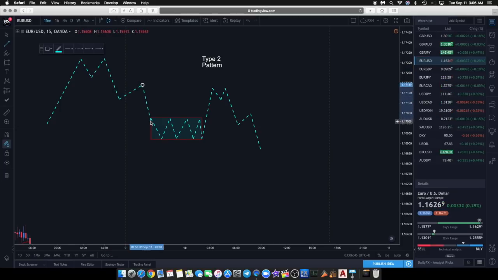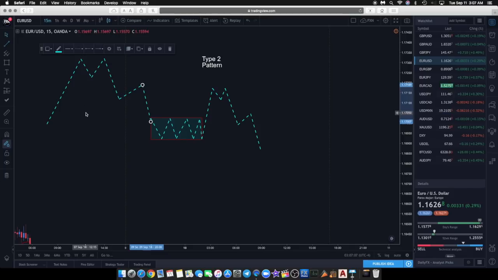And then we had, boom, level 2, right? So we're at level 2, and of course we're going to have a stop hunt high, and then we're going to drop. Okay, so that was type 1 pattern, in case it goes up or down.